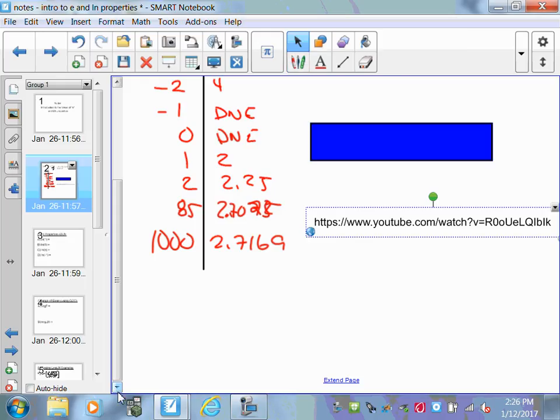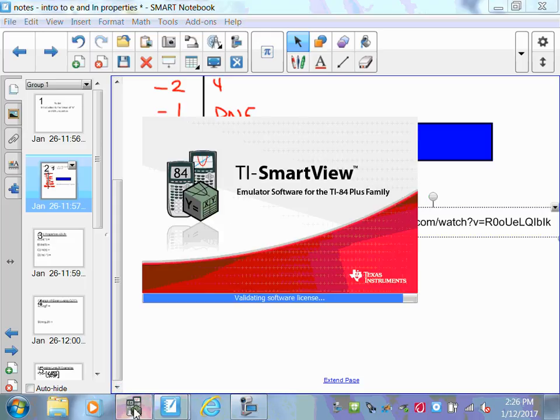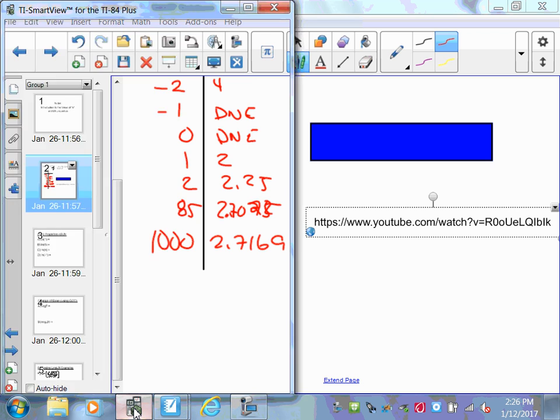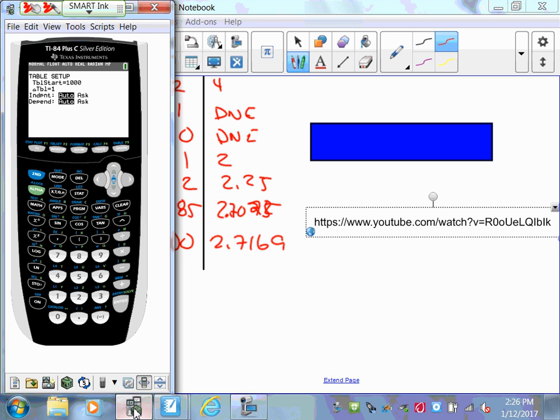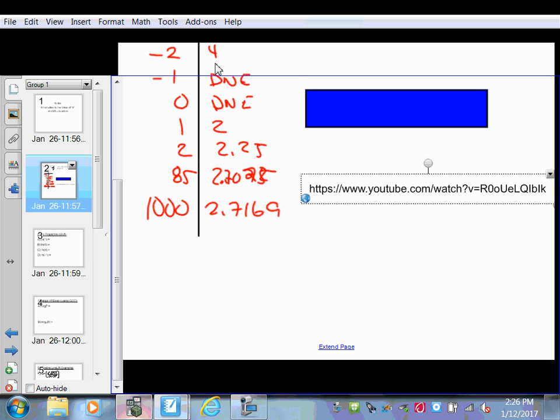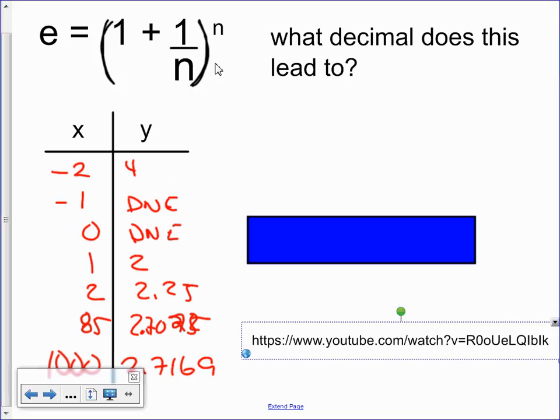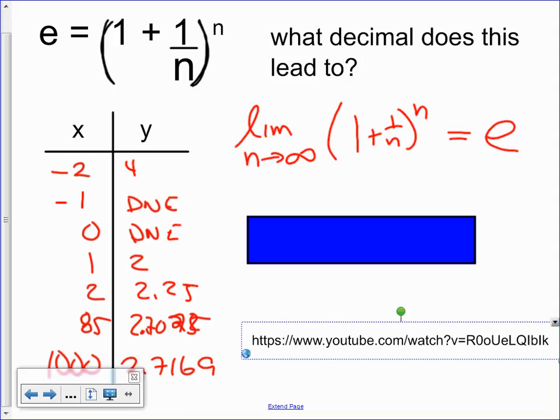So the bigger the number goes, the closer and closer it gets to e. In other words, if you take the limit as n goes to infinity of this function, 1 plus 1 over n, to the n, it gets closer and closer to the actual number e.